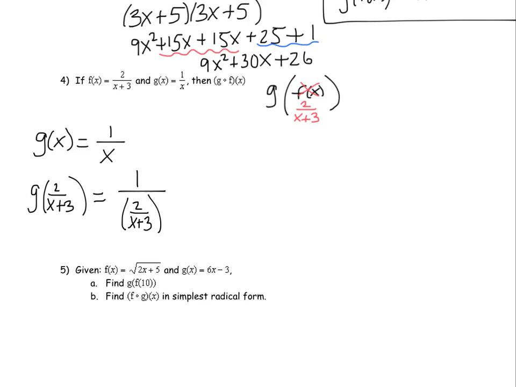Now, unfortunately, we can't simplify this using the calculator. We're going to have to remember, when we divide fractions, you want to think keep, change, flip. This only works for dividing fractions. So do you agree that this numerator here of 1 can be rewritten as 1 over 1?